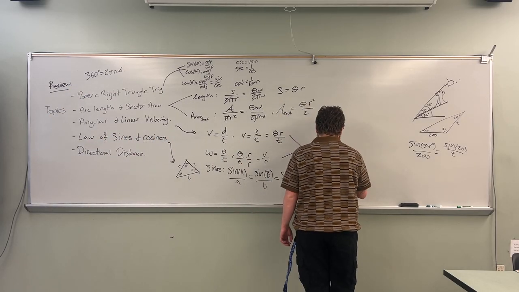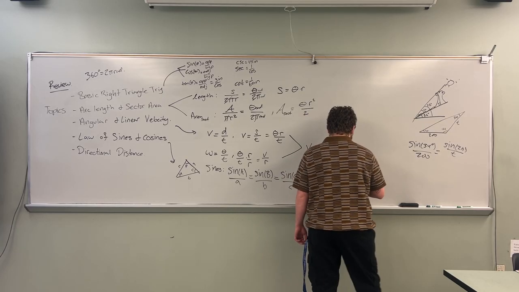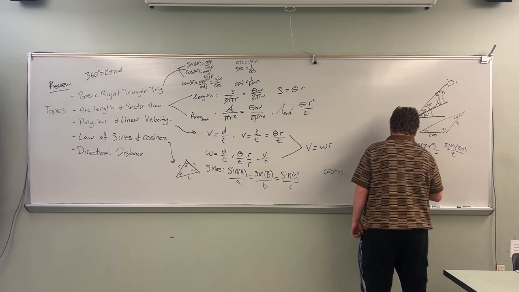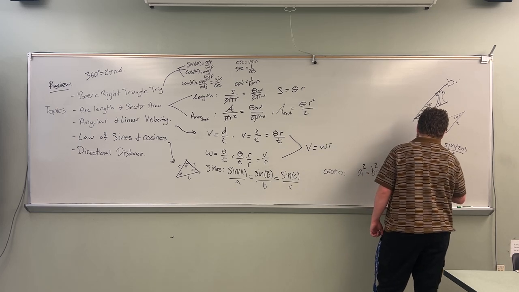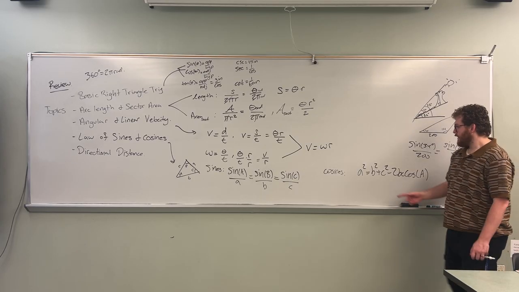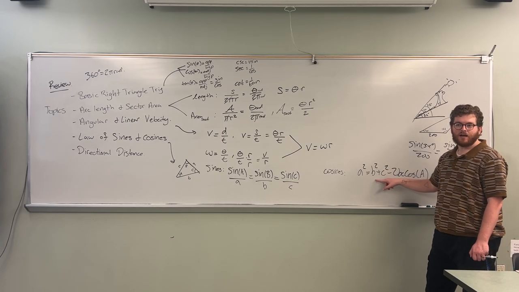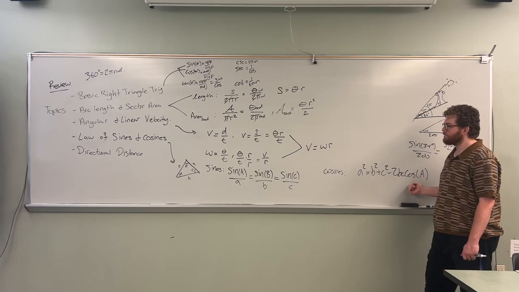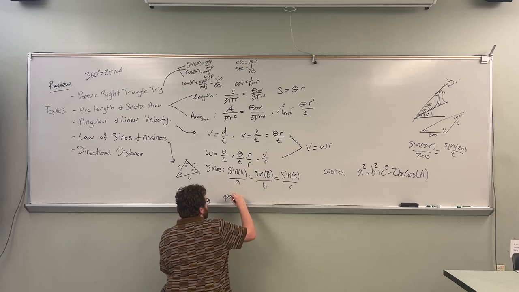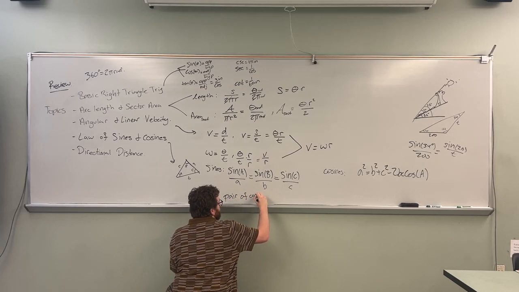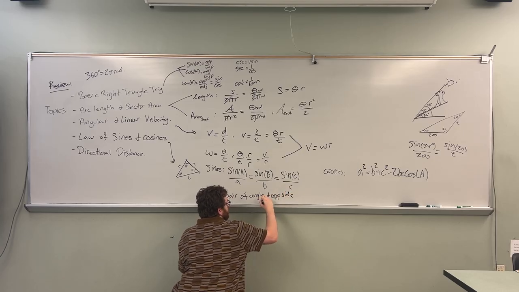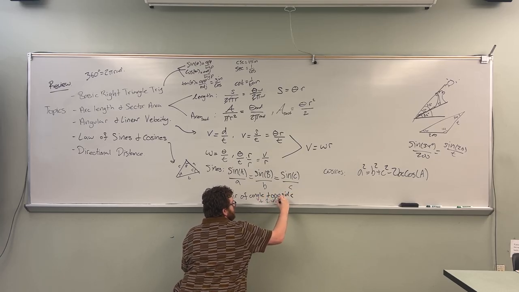The law of cosines says a squared equals b squared plus c squared minus 2bc cosine A. So this says I need two known sides and the angle between them. So for the law of sines, we need a pair of angle and opposite side plus one unknown.